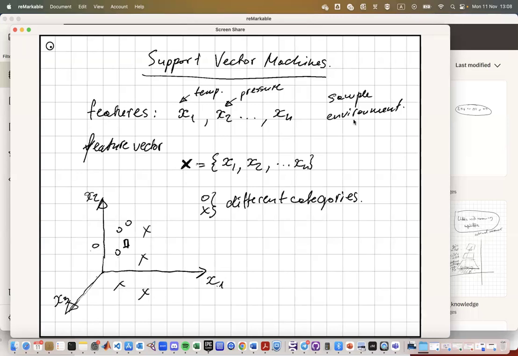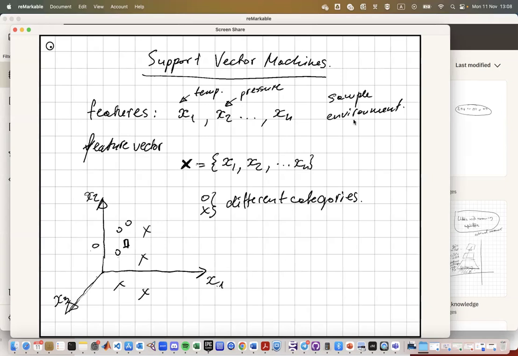Probably the most straightforward way of doing that is to check the distances. So now we are talking about a geometric interpretation of the problem. We have a multidimensional space, and we want to check distances.